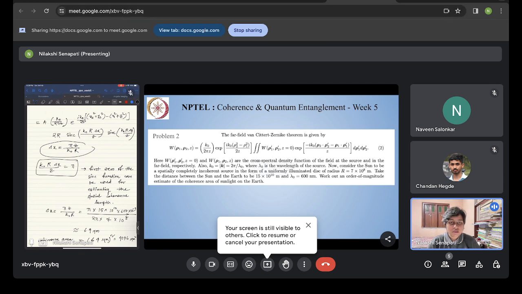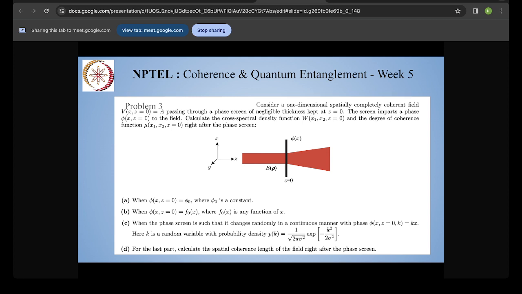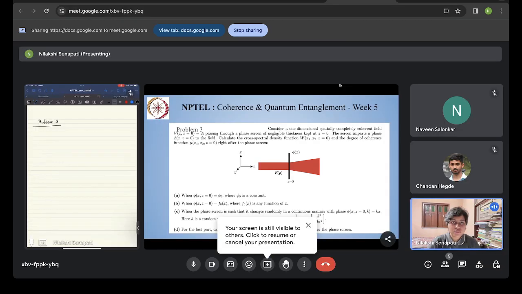So this is how you need to calculate. Now the problem 3, next problem. This is also your assignment problem. So I will just show you A and B part. C and D part is already your assignment problem, so you need to do it by yourself.